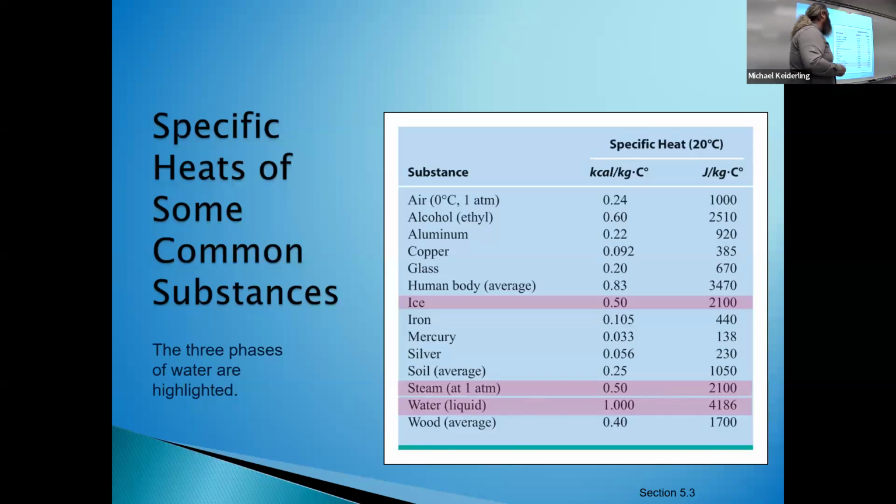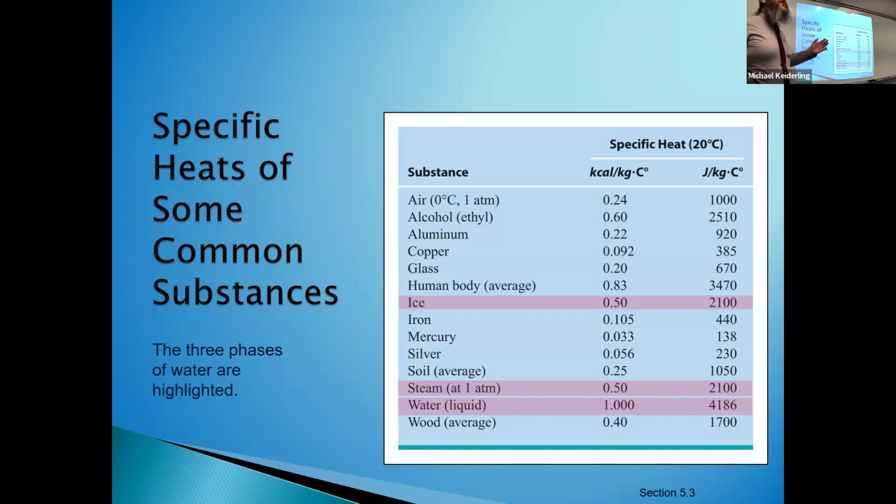Glass is 0.2. The human body is pretty high, about 0.83. That's because we're mostly water. Ice is about 0.5. Iron is about 0.105. Mercury is 0.033. Silver is 0.056. Soil on average is about 0.25. Steam is 0.5.